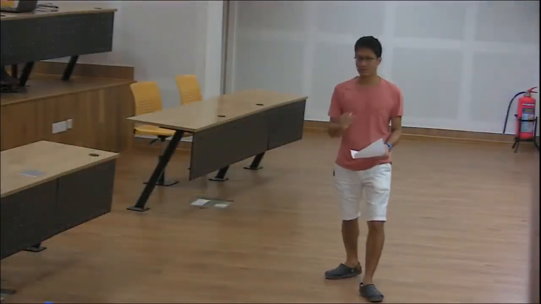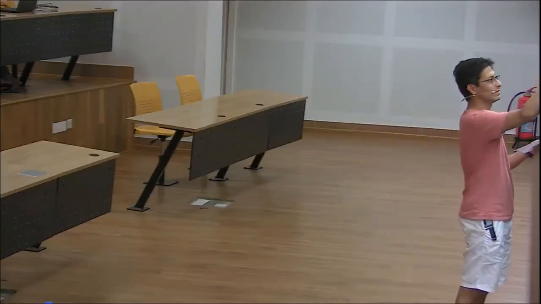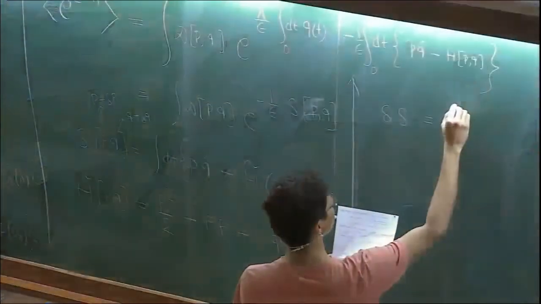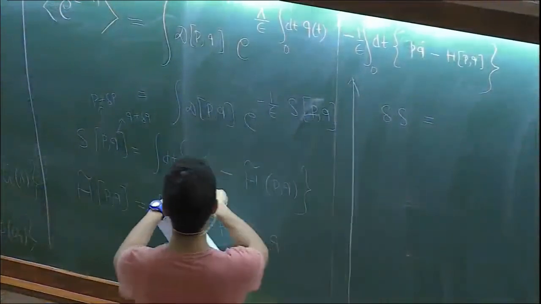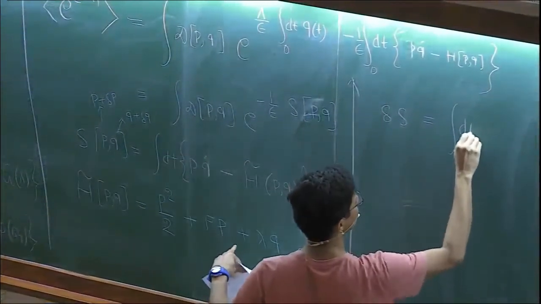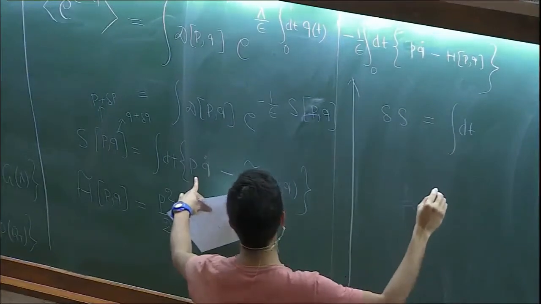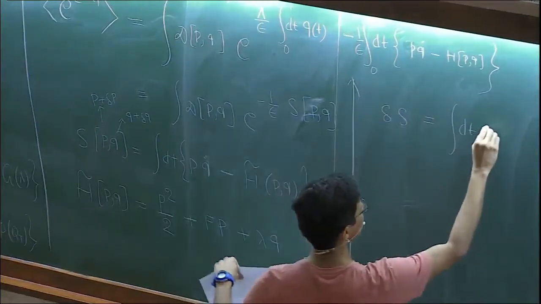Right? I'm going to do it a bit carefully so that later on you can follow. So I'm going to write down this part as the integral dt of the small change that delta S would have been.